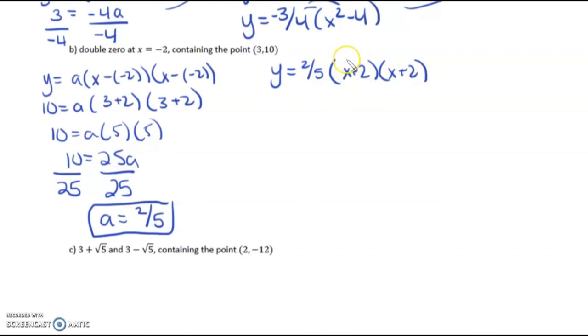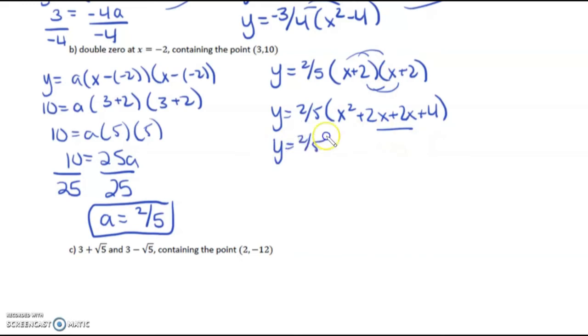And now we can put it into standard form. So let's go ahead and distribute this. Distribute the two brackets first: x squared plus 2x plus 2x plus 4. We can collect those middle terms in the next step to simplify it a little bit more.